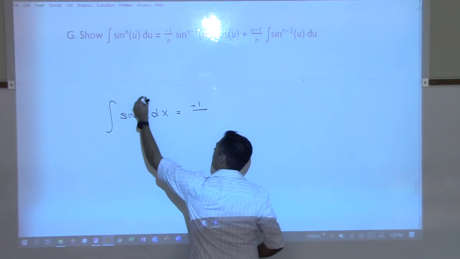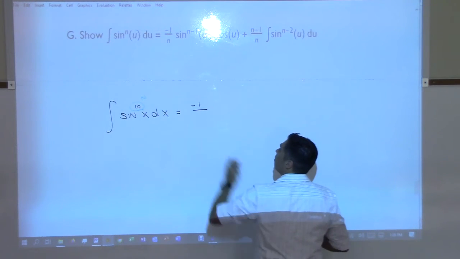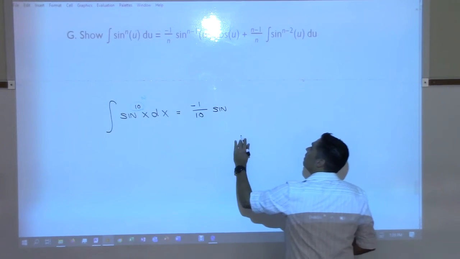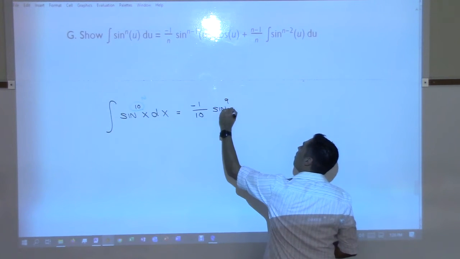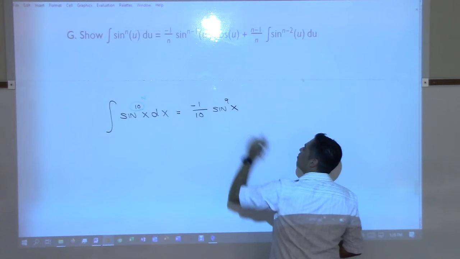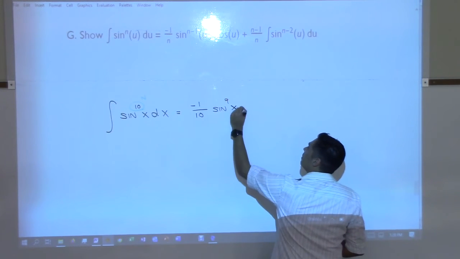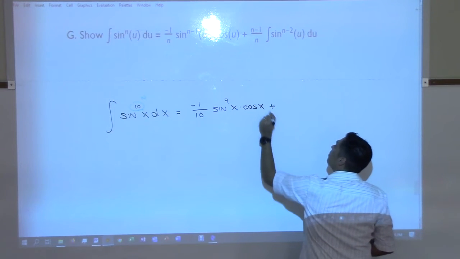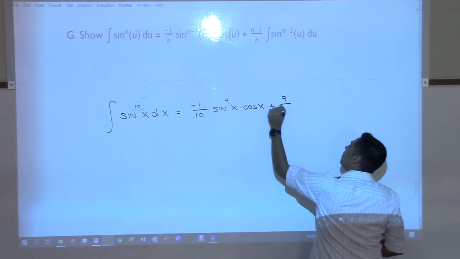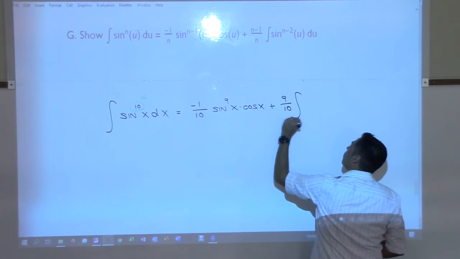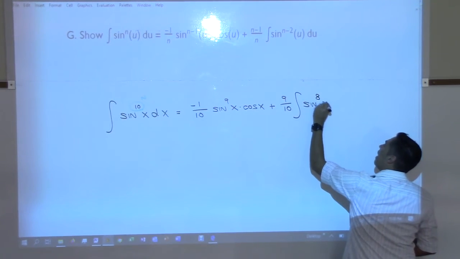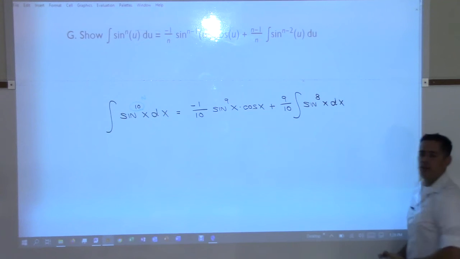So this should be negative 1 over 10 sine to the 10 minus 1, so the 9th power of x, because we're using x instead of u, times cosine x, plus 9 over 10 times the integral of sine to the 8th power x dx. With me?